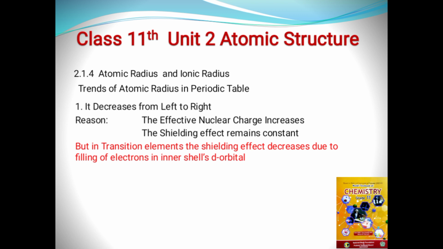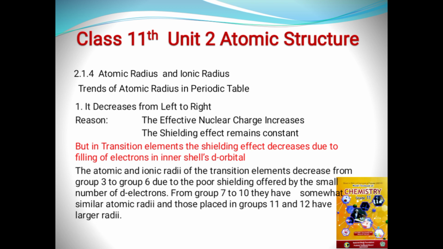So when the number of electrons in the d orbital increases, the shielding effect also decreases. This will also affect the atomic radii of the transition elements, and as a result, because of the decrease in shielding effect, the size of the atom will decrease.